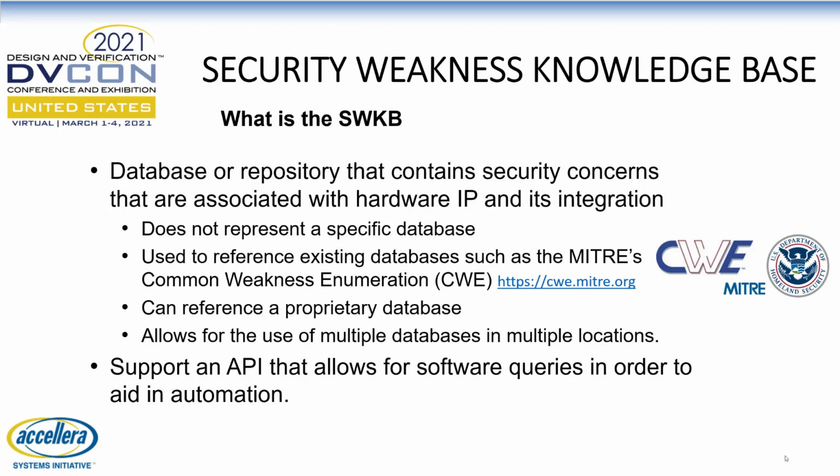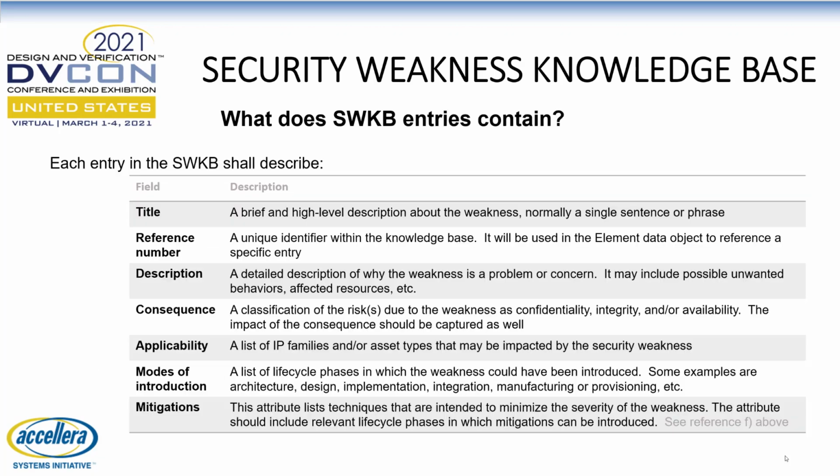It could use as reference an existing database such as the MITRE Common Weakness Enumeration. It can also reference a proprietary database and allow for use of multiple databases. It has APIs to allow software to query the database.